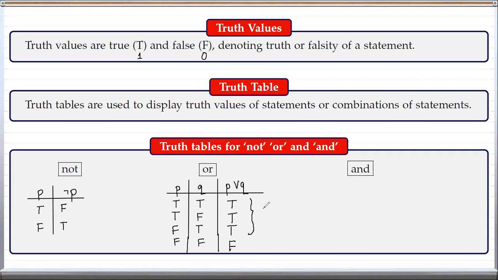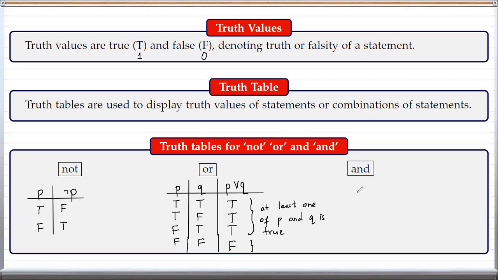So here in these three cases, we have at least one of P and Q true. In such a situation, P or Q is true. P or Q is false only when both are false. So this is the truth table for P or Q.